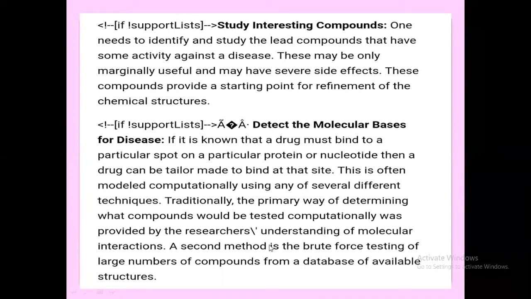Suppose you are not able to identify it, you take a large number of compounds closely related to that particular disease. Then compare them with the available database structures. From that you can find any one structure or compound of interest that is responsible for the disease. So you have to deduce that molecular basis and the compound responsible for that molecular problem.